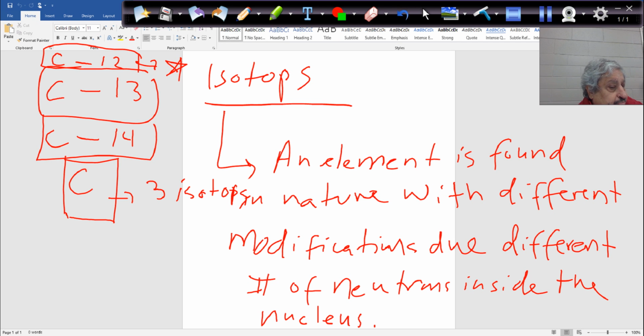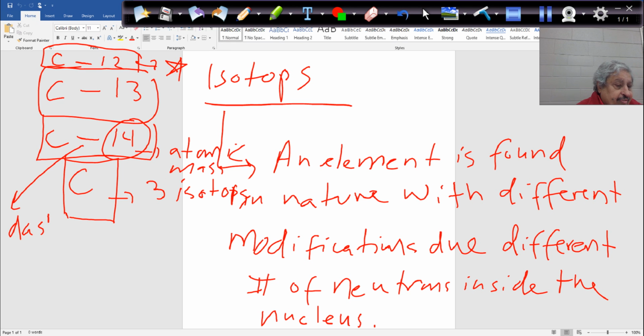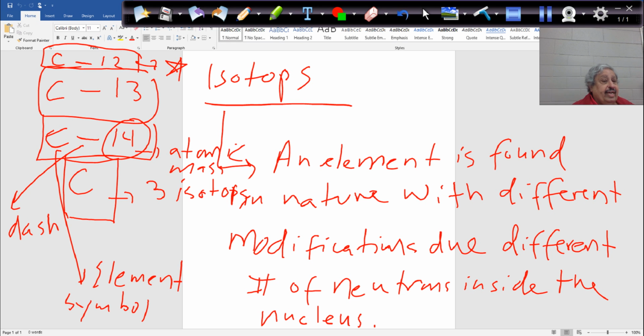This is the atomic mass, and a dash or hyphen, and this is the capital symbol of the element. This way we can write an isotope.